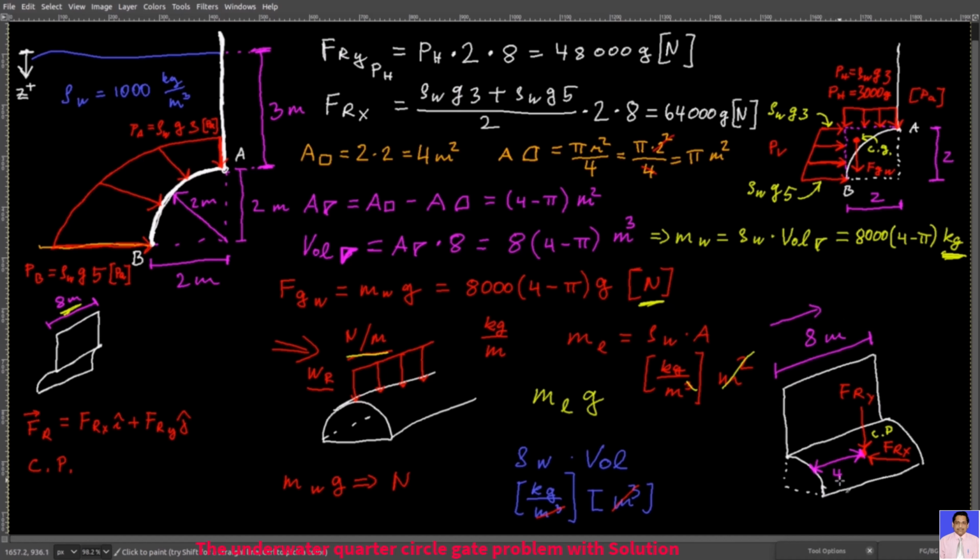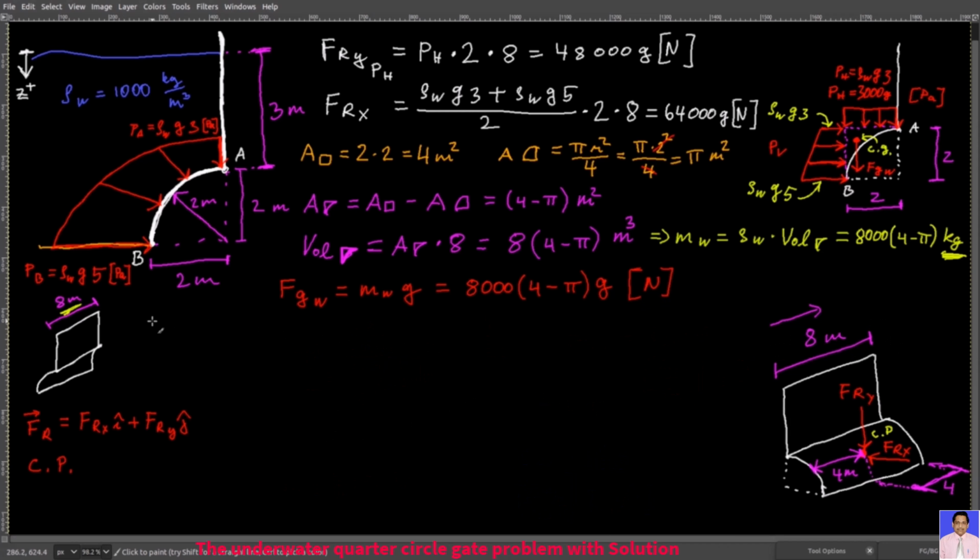So you have 4 meters from this side and 4 meters from the other side. So that's the difference with respect to the previous exercise with the underwater tunnel. Again, the reason why the center of pressure is at 4 meters from one side and from the other side is because this pressure distribution here does not change as you move along the length of the wall.